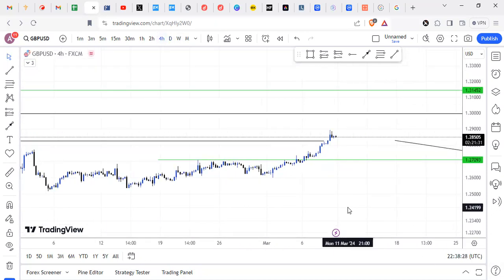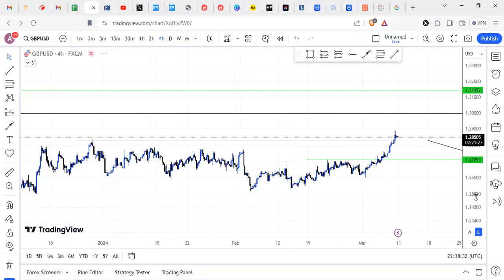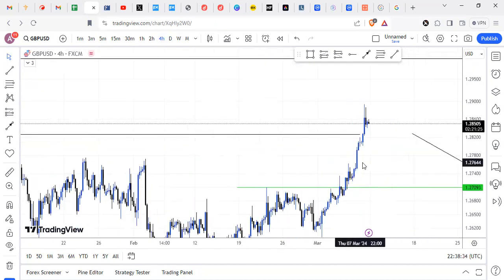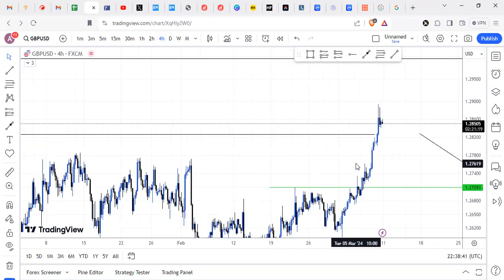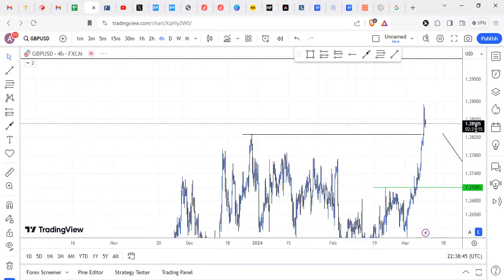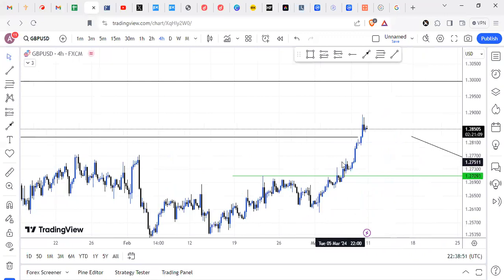So guys, on GBP USD, how do I intend to play this out? On GBP USD, I really will want to see price come back down to a discounted area before I buy. I can't buy just right here. In fact, I will see something right here, and I want to sell the market at least to somewhere here, right?